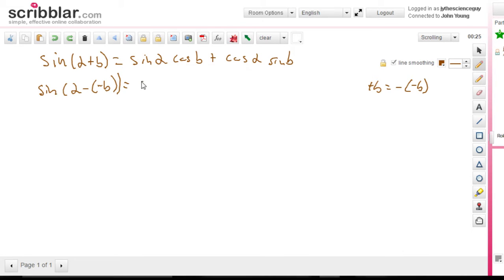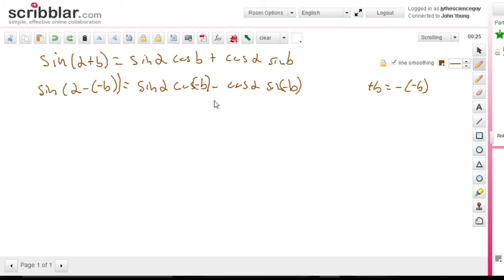So I can say that the sine of alpha cosine of beta minus the cosine of alpha sine of beta. And I'm going to take this negative beta and make this one negative, because that's the angle that I have, and I'm going to make this one negative because that's the angle that I have.